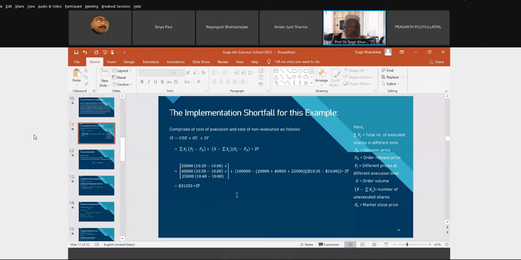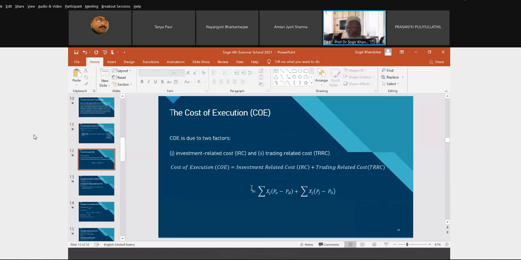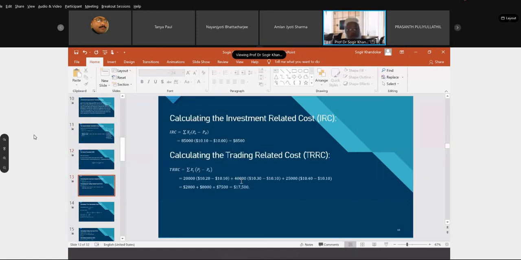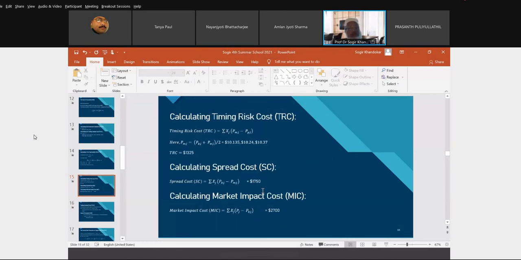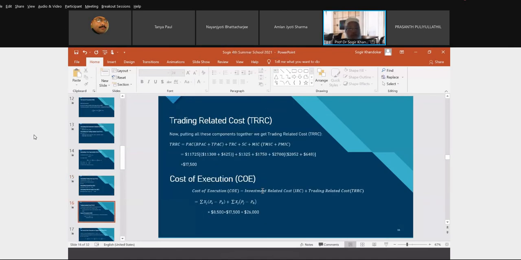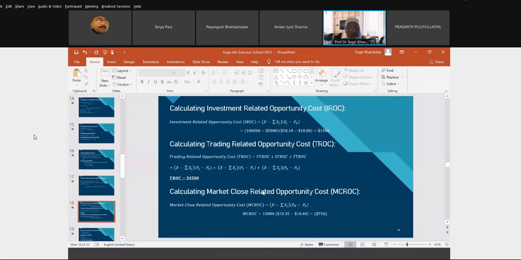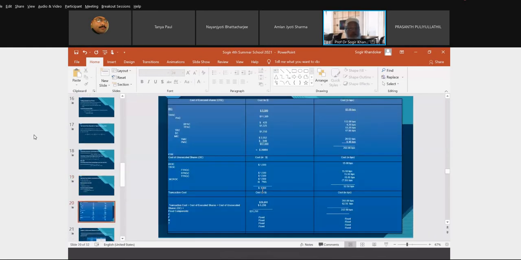The result will be the same, but if anybody wants to know the depth of the cost, that is, the component of each cost, then he or she can use this formula and find out the component of each individual cost. This is the summary of the costs, and the total is 31,250, and in basis points it is 312.50. All the costs will be converted into basis points.